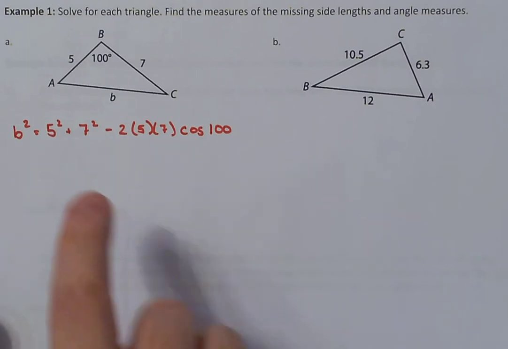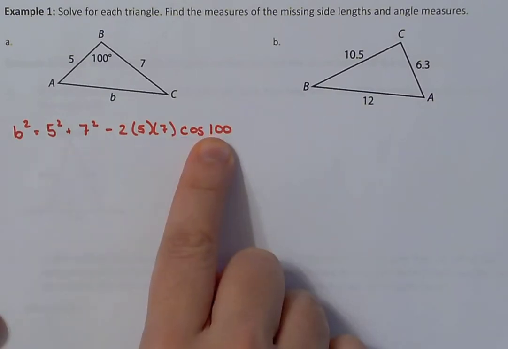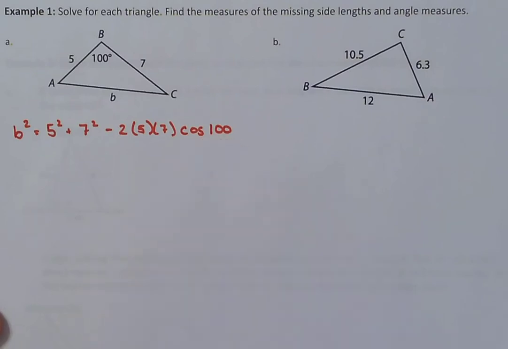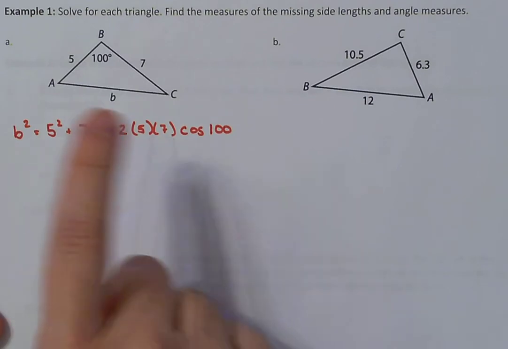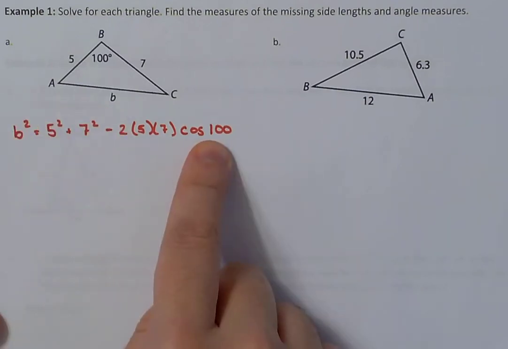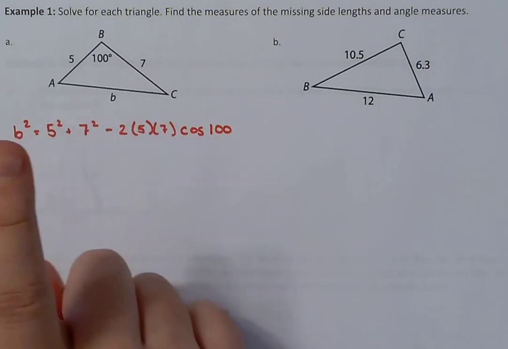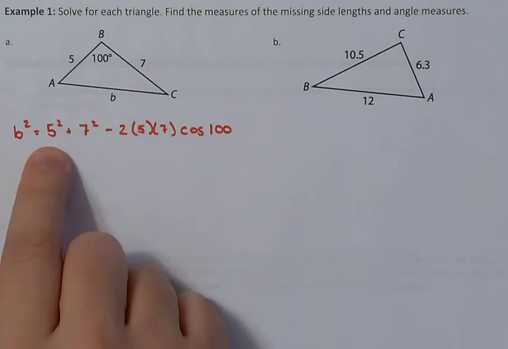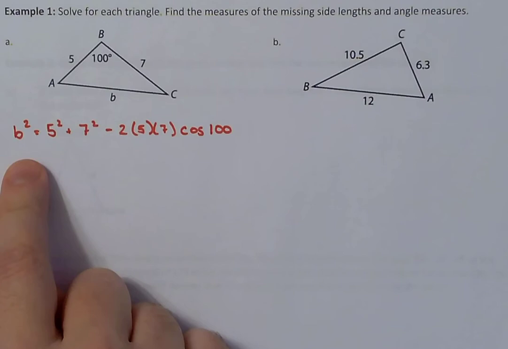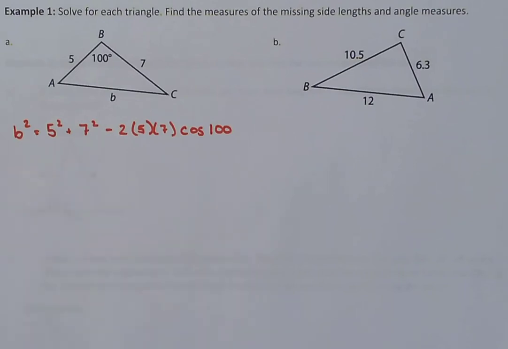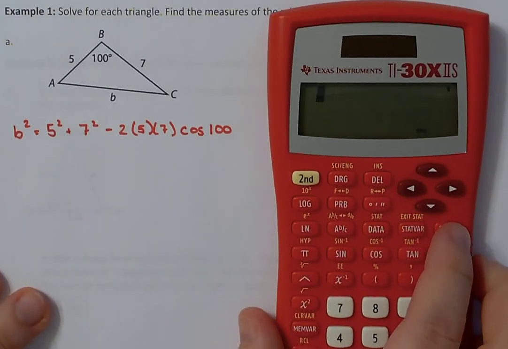So we're going to plug this whole entire thing into the calculator. Hopefully your calculator can handle all of it at once and not just one operation at a time. After we calculate it, we'll take the square root to figure out what B equals. So go ahead and pull out your calculator.